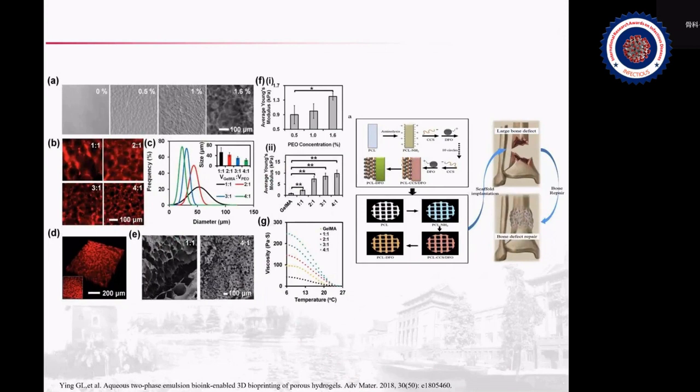Composed of immiscible phases GelMA and PEO, this bioink can be directly photosolidified to form hydrogel structure. Furthermore, a porous scaffold can be formed by removing the PEO phase after optical cross-linking gel. And the aperture of the scaffold can be controlled by adjusting the ratio of the GelMA and PEO phase.